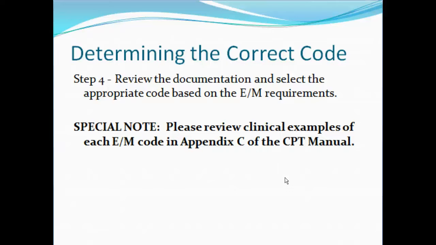And also, you may not understand, okay, how do I determine if medical decision making is high or low, being that we're not getting into all of the auditing components of E&M. You have the clinical examples in your appendix that will help you figure out the difference between 99213, 99211, and 99214. So please refer to Appendix C if you get confused or you are trying to figure out the difference between one or two codes.